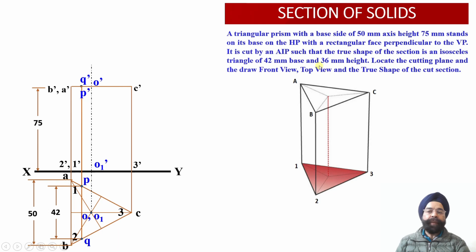Now the second information available with us is that the altitude of this triangle, which will be the true shape of the cut section as it is being cut by an auxiliary inclined plane, should be 36 millimeter. So now since we have to obtain the isosceles triangle, the 3 points of intersection should be obtained while this AIP is going to cut this particular triangular prism.